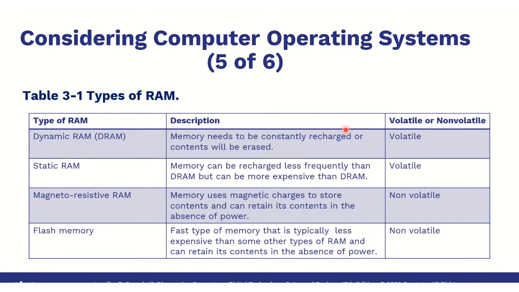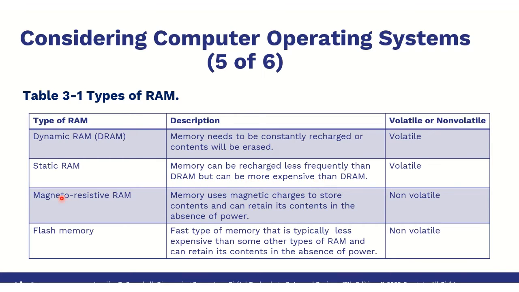Now, again, you can have different types of RAM. You have the dynamic RAM, where memory needs to be constantly recharged or contents will be erased. It's volatile, of course. Static RAM, memory can be recharged less frequently than dynamic RAM, but can be more expensive.